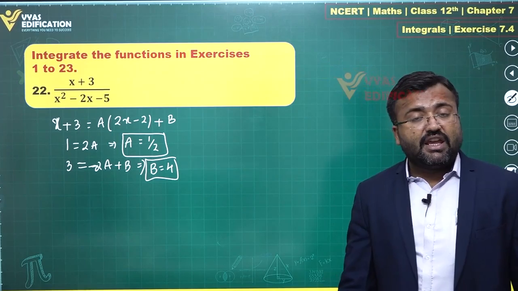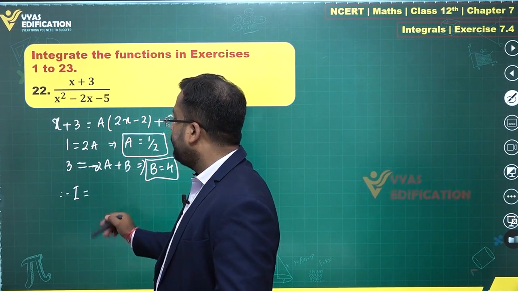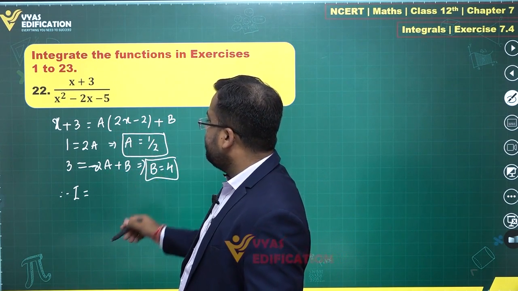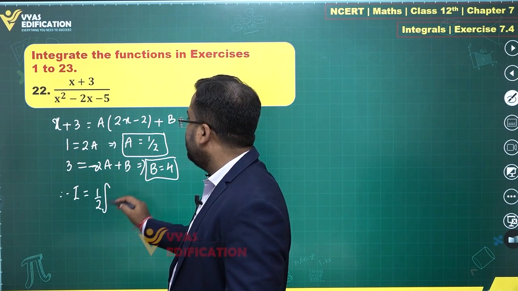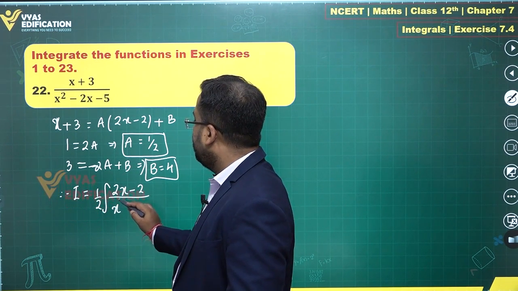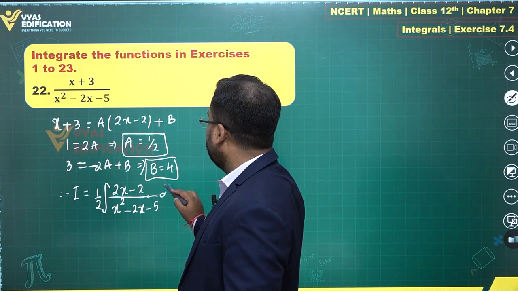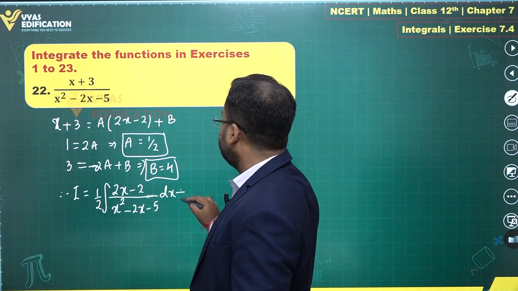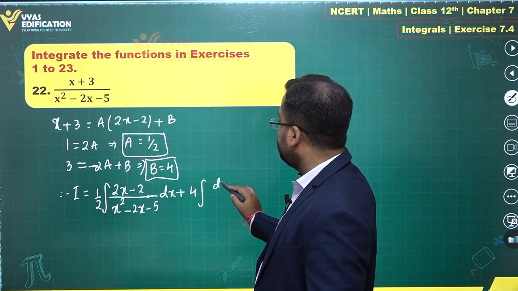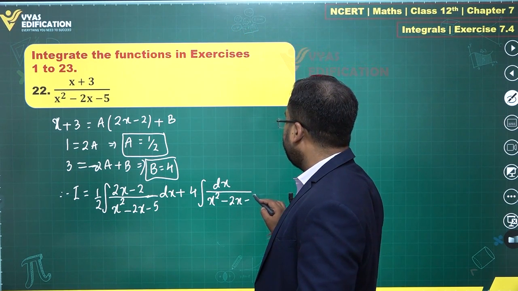Once we have found a and b, we can easily write the integral I in terms of a times derivative plus b. Half of the integral of the derivative 2x minus 2 will come over there. The numerator has been split into two parts: dx plus 4 times, that is b times, the integral of dx upon this expression, x square minus 2x minus 5.